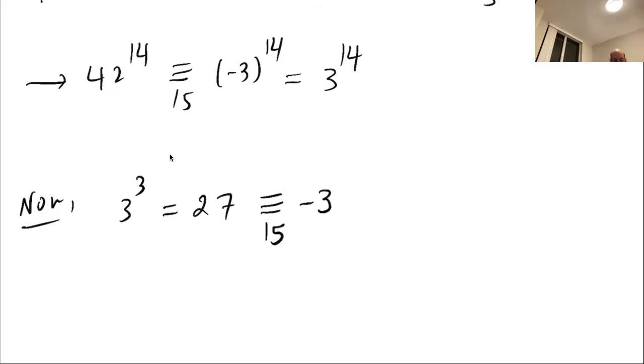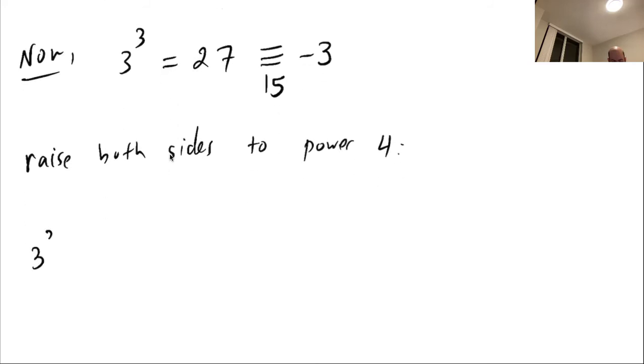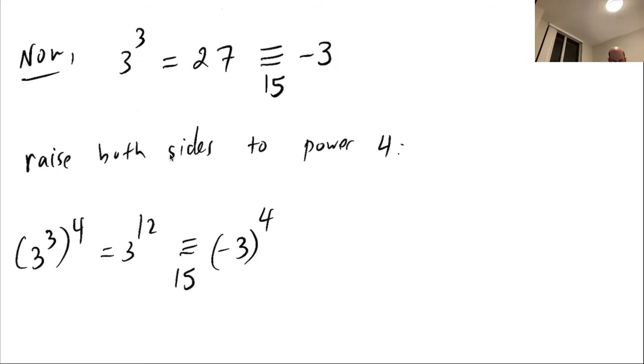So let me raise both sides to power 4. Then we get 3 to power 3 to power 4, which is 3 to power 12, which is the same as minus 3 to power 4. I'm raising to power 4 mod 15.